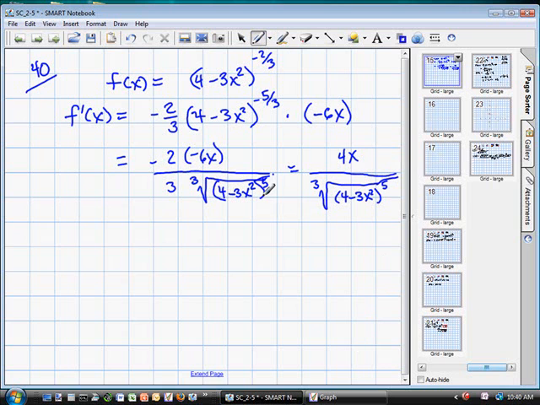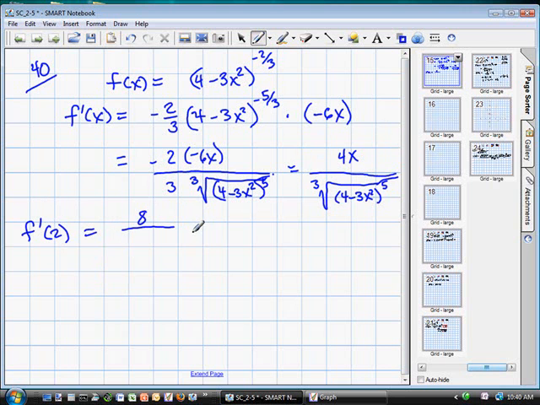Now, they asked us to find the equation of the tangent line to the curve when x is 2. So, wouldn't we want to know f prime at 2? Okay, so take your formula from right over here, and what's f prime at 2?